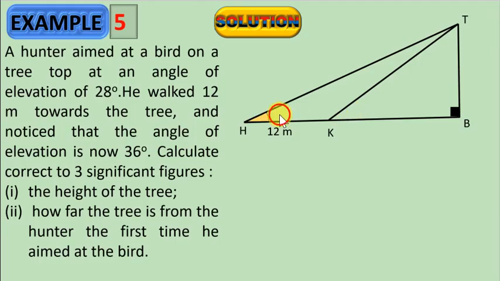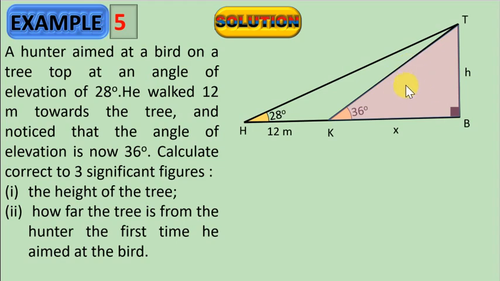So now we're going to represent those angles 28 and 36. So now, the question says we should calculate, correct to 3 significant figures, the height of the tree. So now let's solve the problem. Let's label those sides. This is the distance of the hunter from the new position, and then this is the height of the tree. So now let's see how to solve.